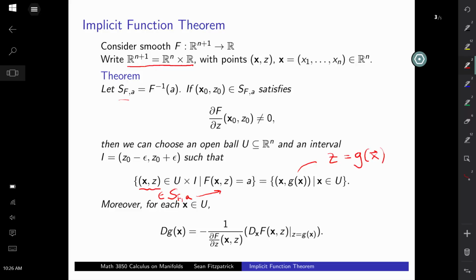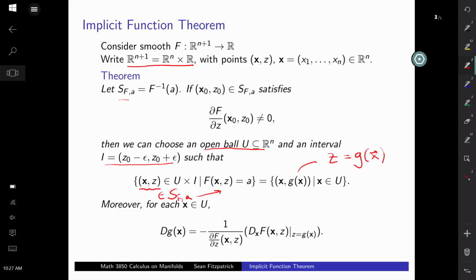And so different parts of your surface might need to be defined using different functions, but in principle, as long as you choose a point on the surface where an appropriate partial derivative is non-zero, then near that point, so that's when we say this open ball here and this interval here, this is just a way of saying we're not moving too far away from this point where this partial derivative is non-zero. As long as we stick around in a neighborhood of that point, then we can solve for the last variable in terms of the other ones.